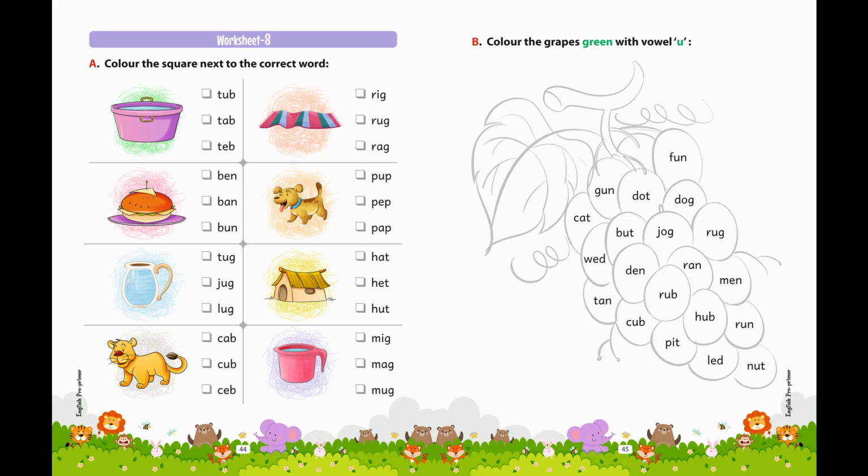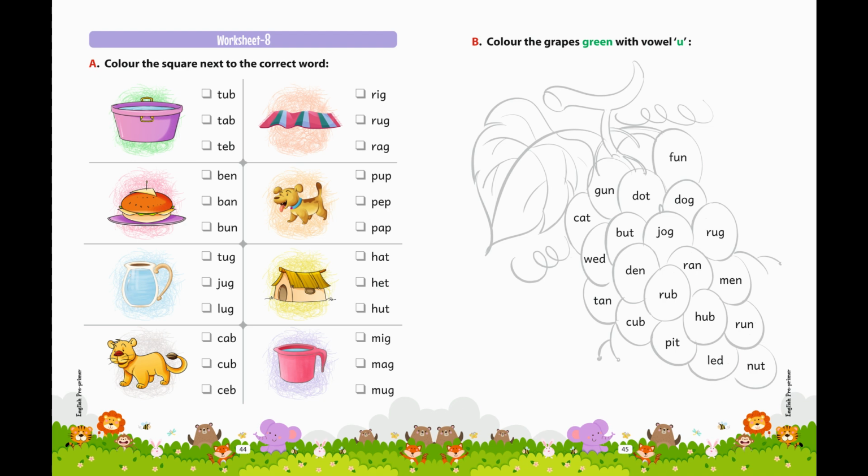Page 45. Activity B. Color the grapes green with vowel U. Let's do a fun grapevine activity. You can see lots of words written inside grapes. We will color only those grapes green that have the vowel sound U in them. Listen carefully.